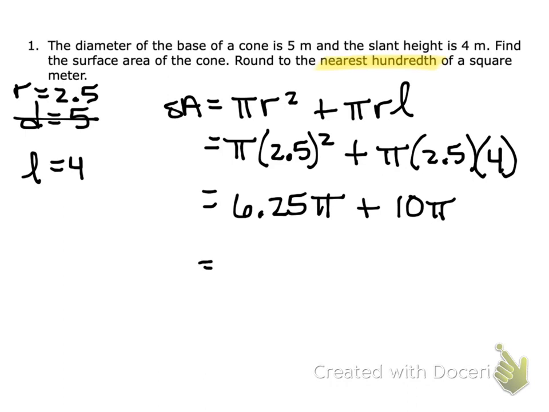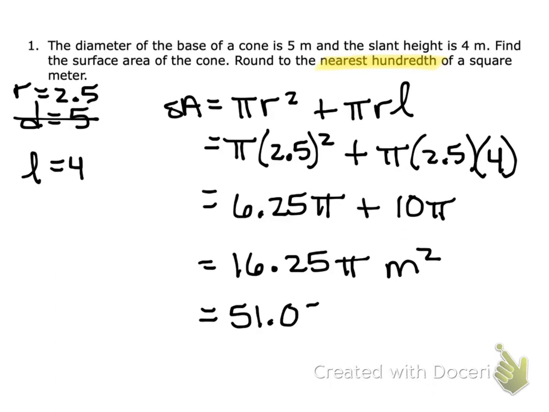So this is the same thing as 16.25 pi, because I can take my 10 and add it to my 6.25. If I wanted an answer in terms of pi, I would leave it like this and just add meters squared. However, if I'm multiplying this out, I'm getting 51.05 meters squared. Questions?